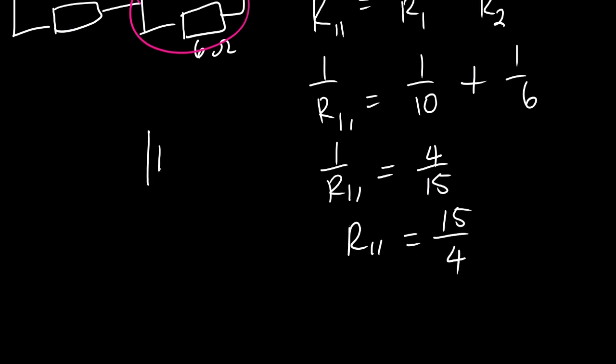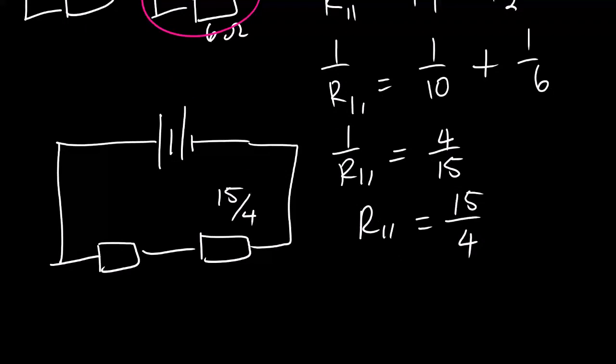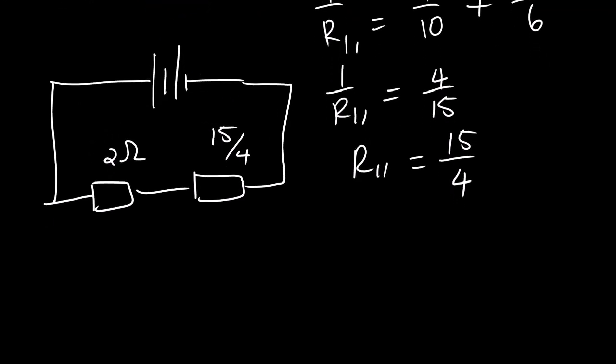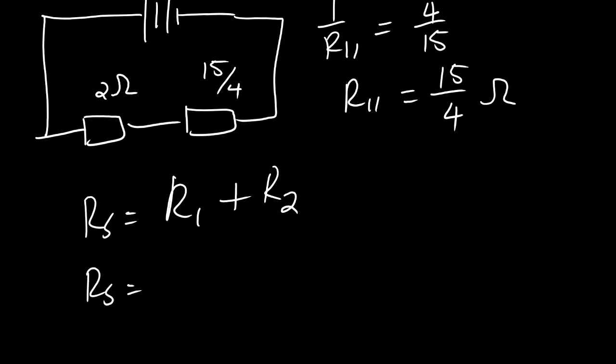Now redrawing the circuit again, we are going to have something like this. We no longer have a parallel connection, so it's 15 over 4 and 2. Then from here, we are going to use the series connection, which will be 2 plus 15 over 4.